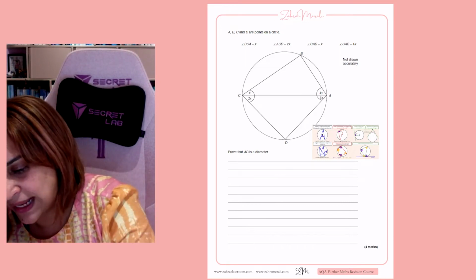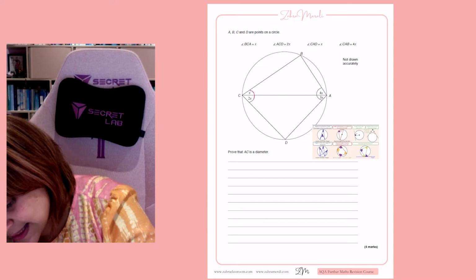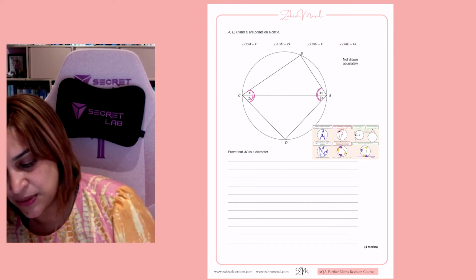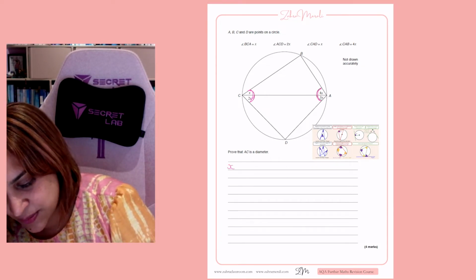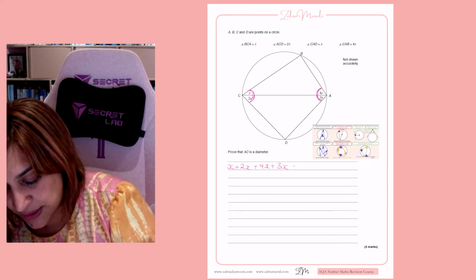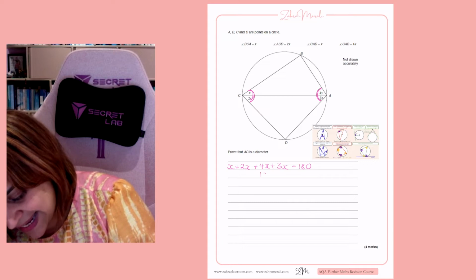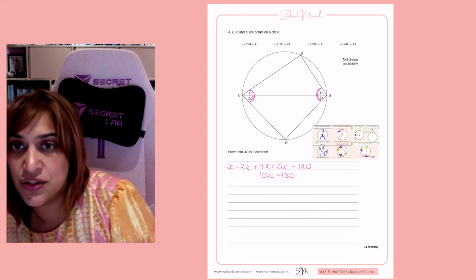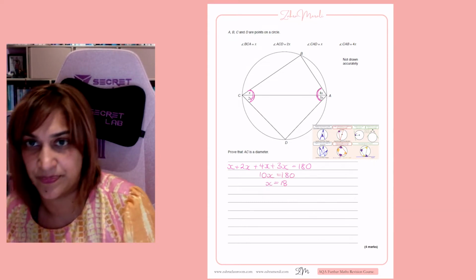So we know that this plus this must be 180. So we've got x plus 2x plus 4x plus 3x equals 180. So that gives us 10x equals 180. So x equals 18.